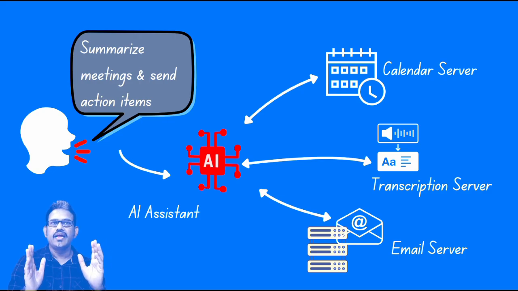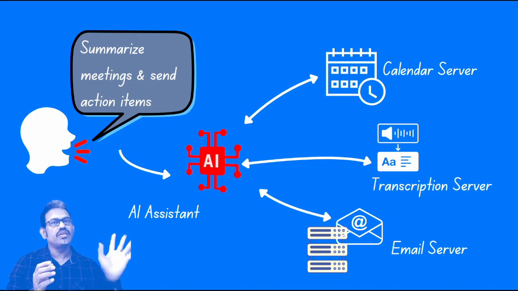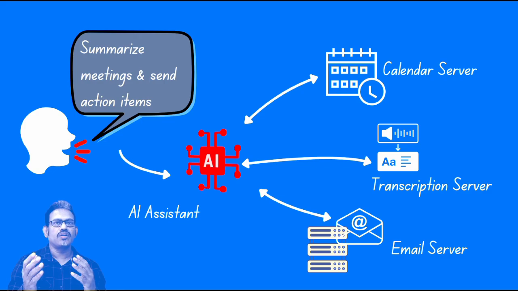The AI acting as the host connects to an MCP calendar server to get meeting schedules, an MCP transcription server to get meeting notes, and an MCP email server to send out those action items to respective team members. Of course, AI or your large language model plays an important role of creating an appropriate response.